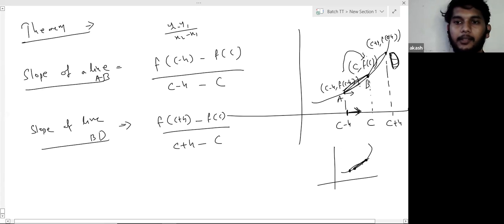This is the line. And as soon as A comes really close to B, then this line AB will become the tangent at B. Yes or no? This thing is clear to everyone?